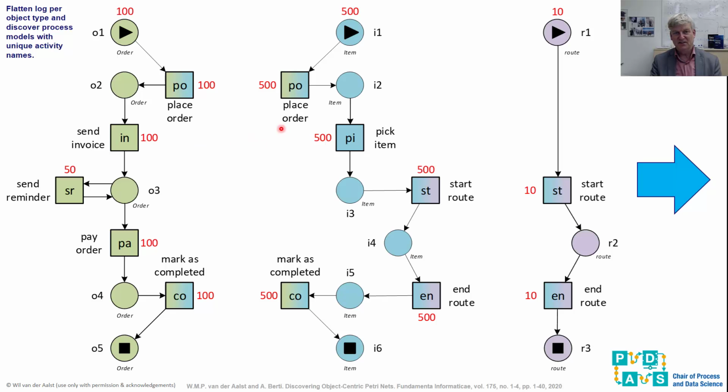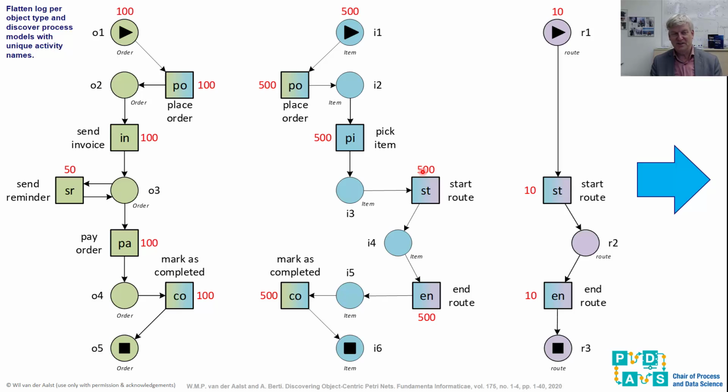What you now see is that at the item level, place order was happening 500 times. At the order level, it is happening only 100 times. If I look at start route, at the route level, there are just 10 routes. If we look at it at the item level, there are 500.